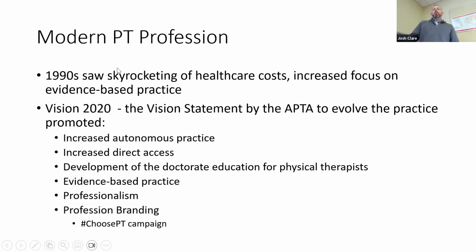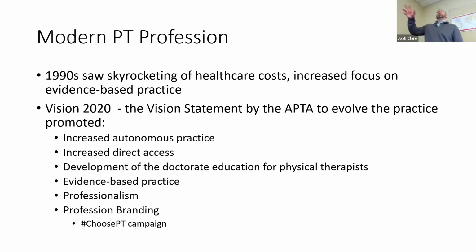So modern skyrocketing healthcare costs and increased focus on evidence-based practice. Evidence is: is what you're doing actually working, or is this just all a sham? Let's make sure what we're doing is actually working and has some research behind it. In the early 2000s, the APTA put forth the Vision 2020 statement, whose goals were to increase autonomous practice, that's more direct access, and move the education level to the doctorate degree.